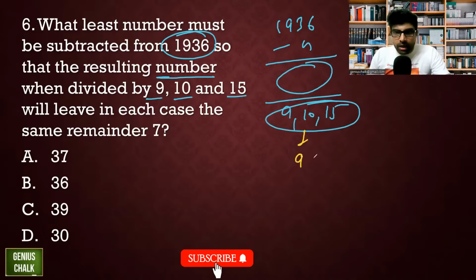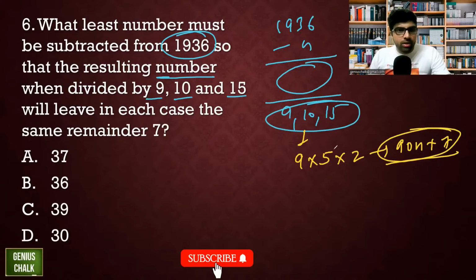Highest power of 3 is 9. Then we have 5 also. And then we have 2 also, I guess. Yeah, 2 is also there. So the LCM is 90, right? So the number will be of the form 90n plus 7, because in each case, it has to leave the remainder of 7.